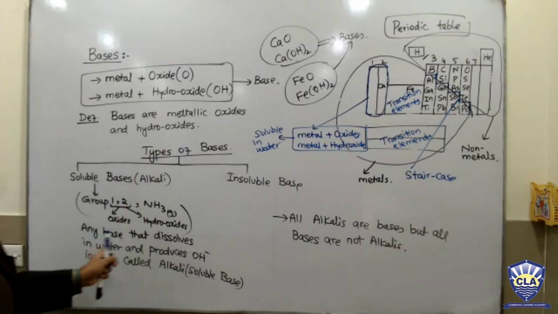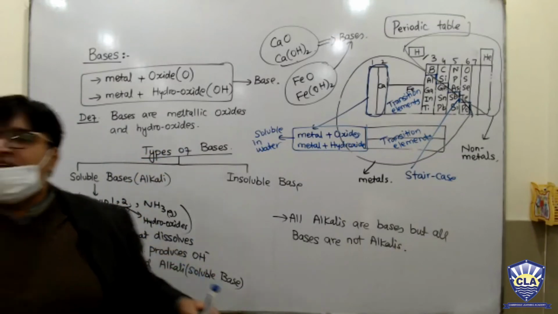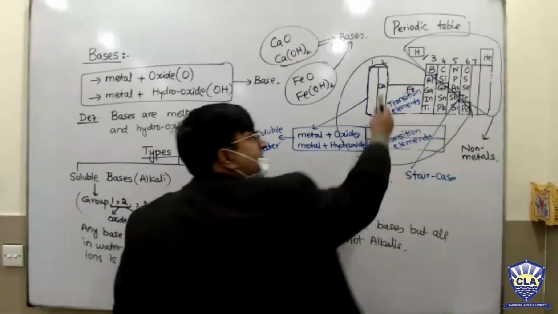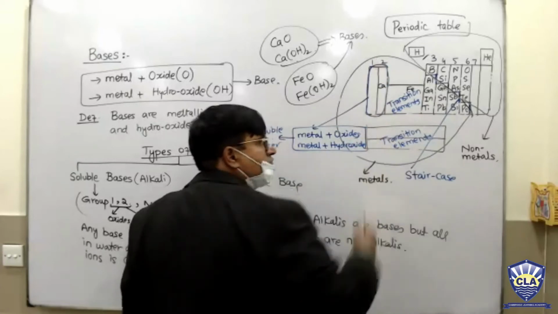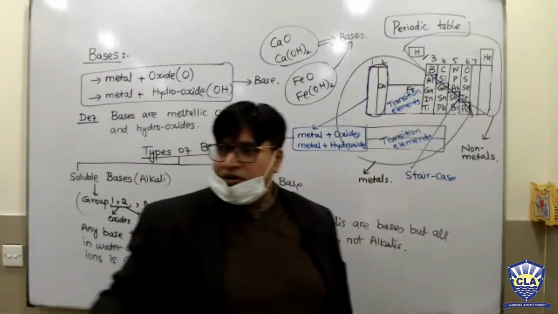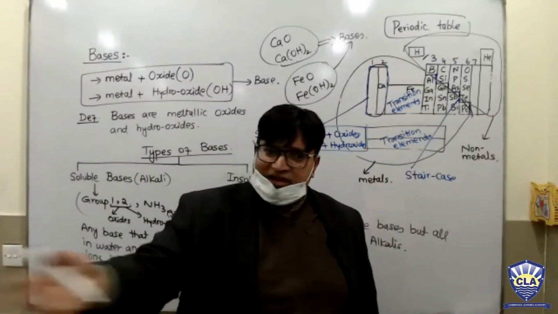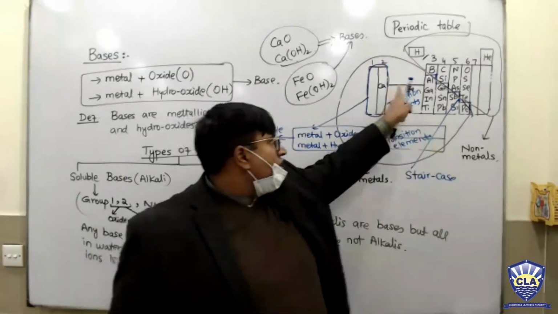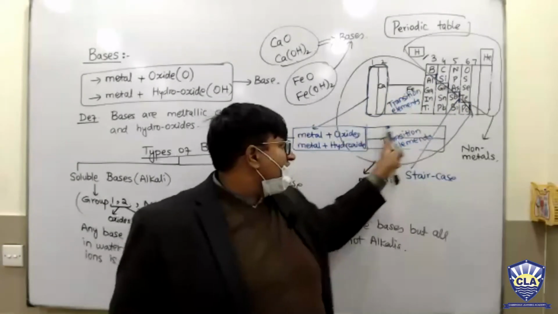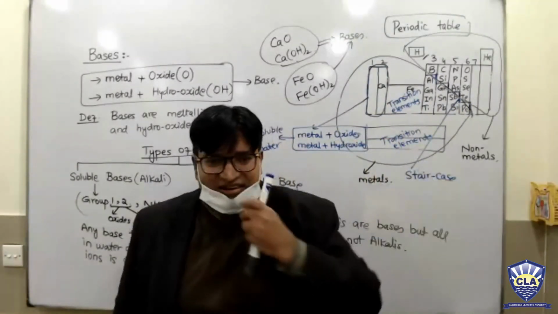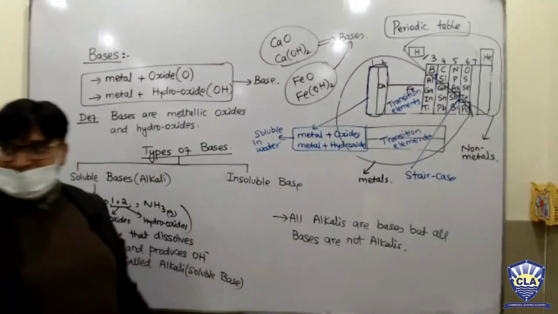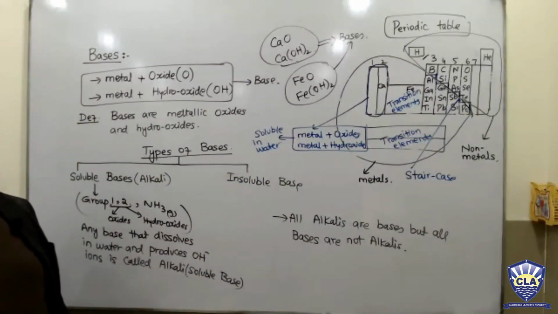It's a soluble base. And if somebody asks you which one is the soluble base, the answer is very simple. You can take any element from group 1 or group 2, just join oxygen or OH with it, and say this oxide and hydroxide is soluble. Whereas the oxides and hydroxides of all these other metals are insoluble in water, so they are the insoluble bases. You got it, guys?